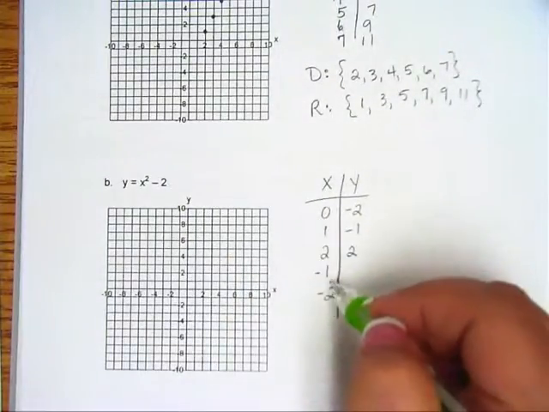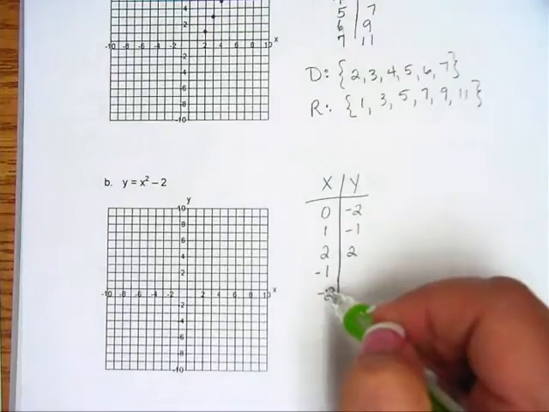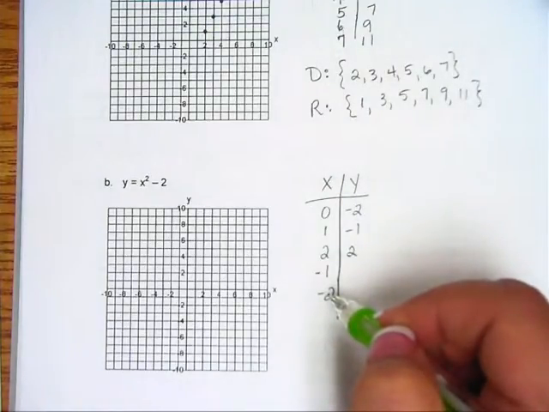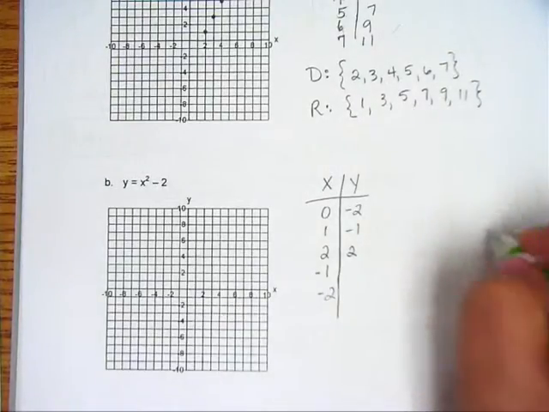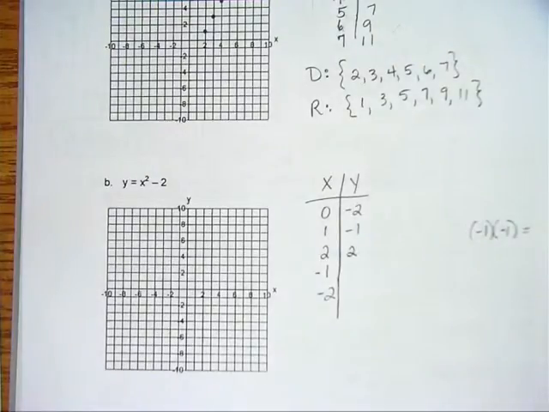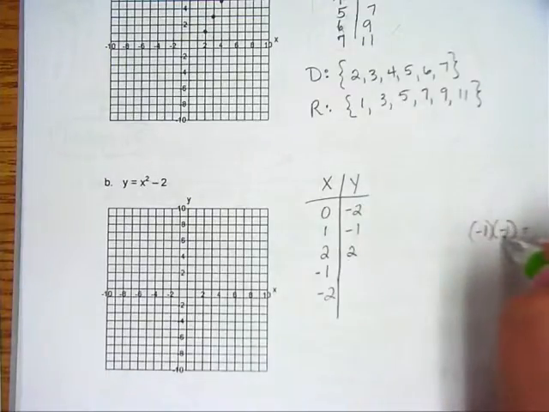Okay. -1 squared? No. That's good for y'all to remember that from the imaginary numbers. No, but -1 times a -1 is what? +1. A negative times a negative is a positive. Remember that?